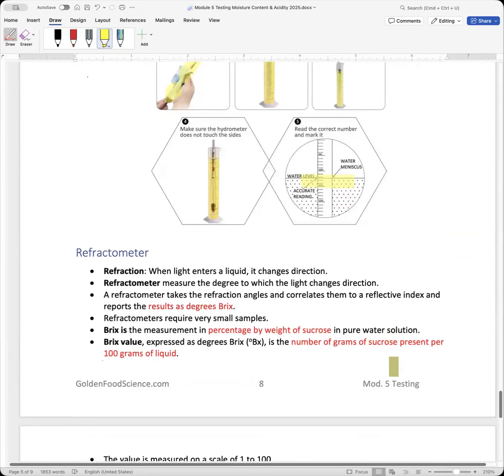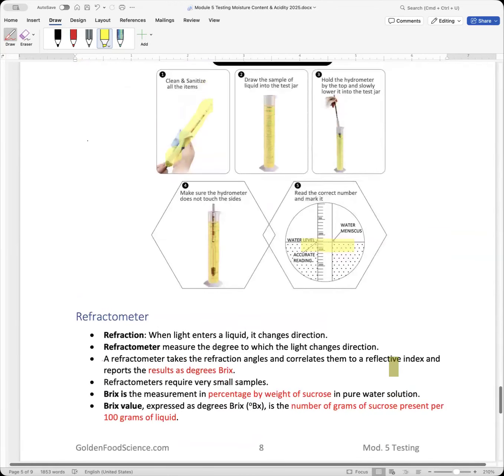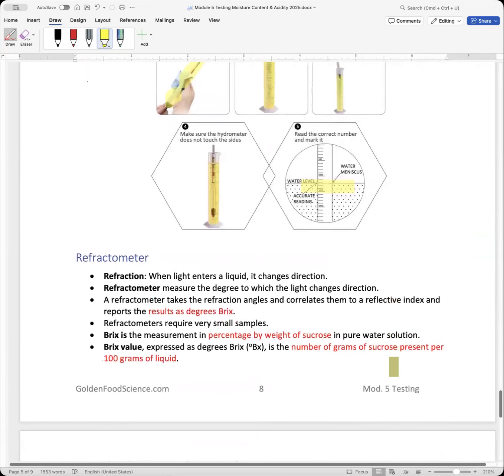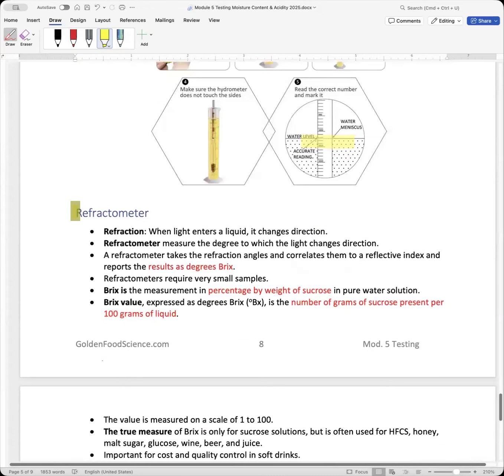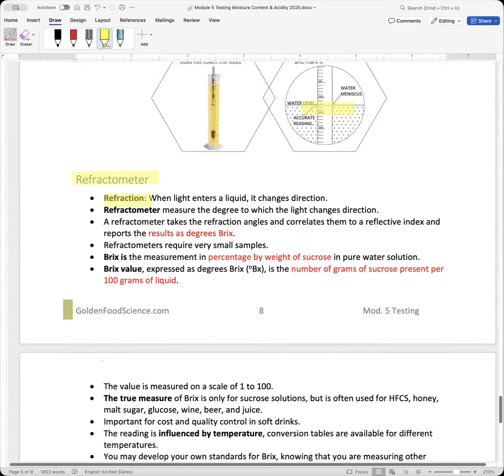That one's called a hydrometer. But most of us don't do that. It requires a lot of sample, so most people don't do that. Most of the time we use a refractometer. A refractometer is based on refraction. When you have a sugar solution and you put light through it, it bends the light, and a refractometer measures the refraction.